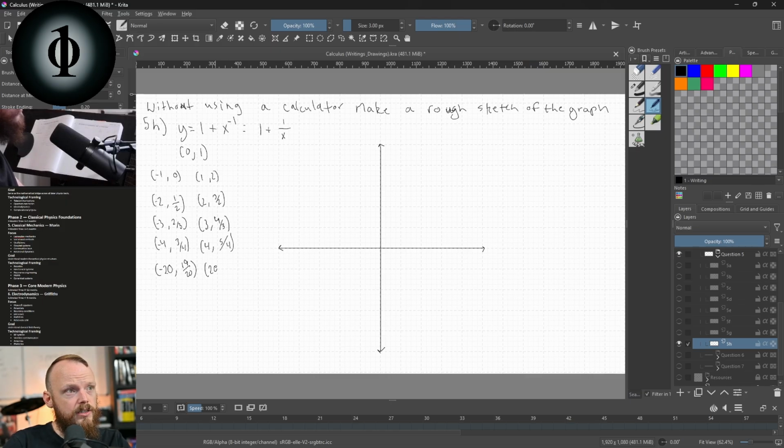And 20 will give us 1 plus 1 over 20, 21 over 20. Right? Yeah, we asymptote around 1 again.